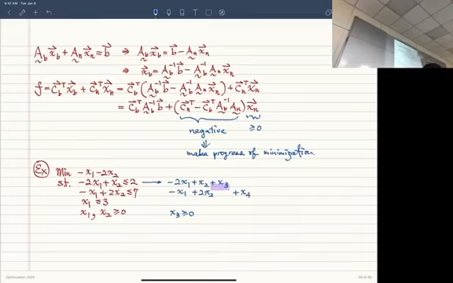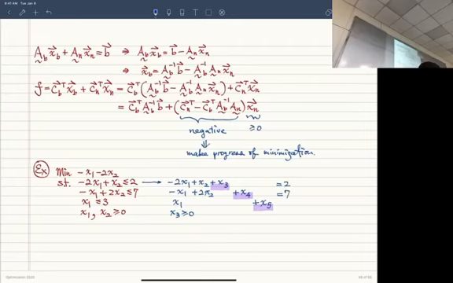And for the third equation, similarly, I need to introduce another different slack variable. Because I have three equations, and they're all smaller than or equal to, I need to convert them into equal signs. That's why I have to create one slack variable for each equation.